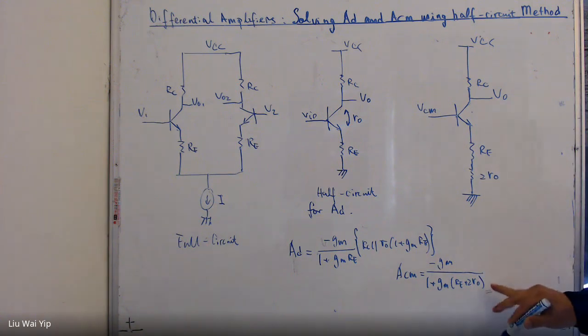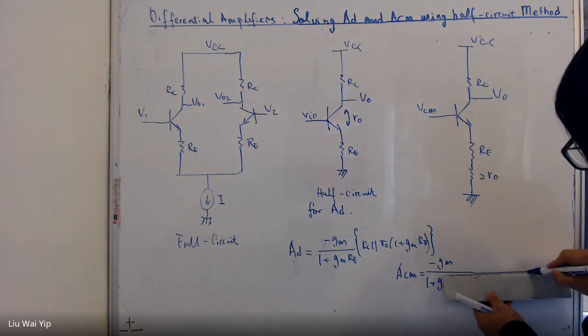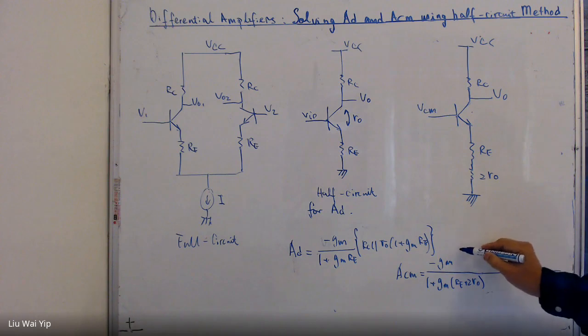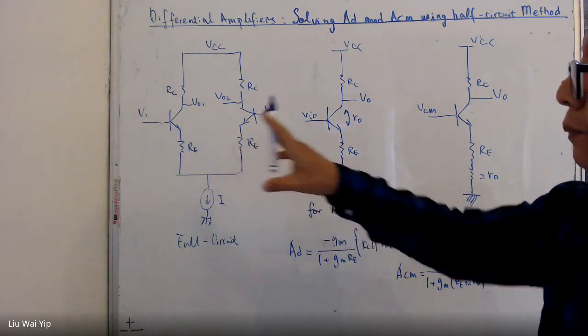And similarly, the total output resistance will become RC, and then R0, and then 1 plus gm, and then RE plus 2R0. So this is the common mode gain for this circuit.